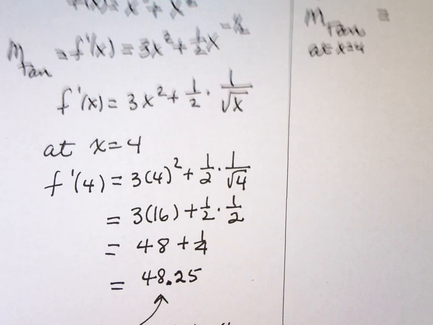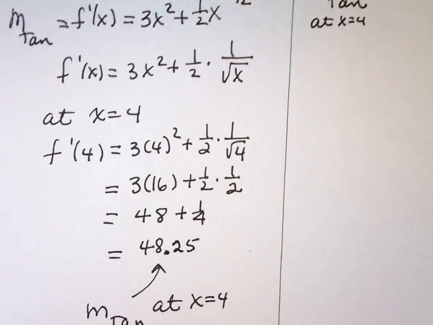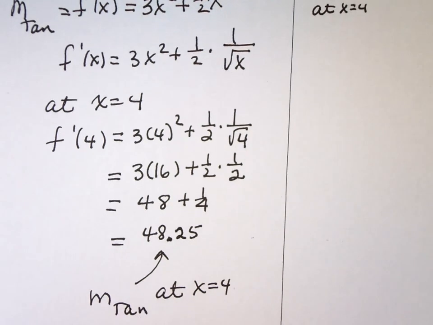It's very steep. You think of a slope of 48 that says for every 1 unit you go on the x, it's going to go up 48 units on the y. So that's a pretty steep slope. So it's going to rise pretty fast.